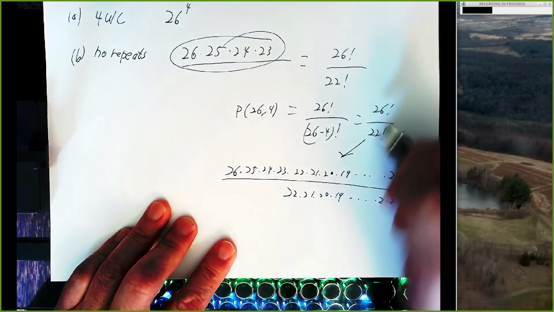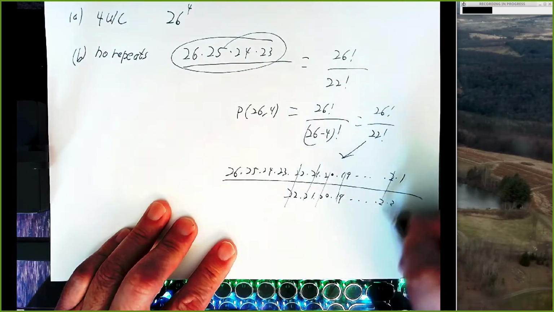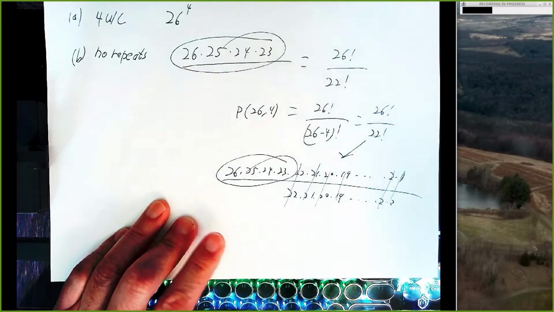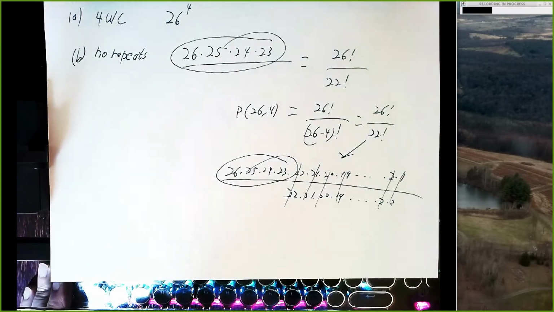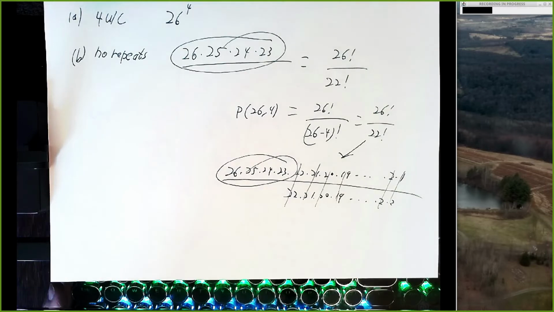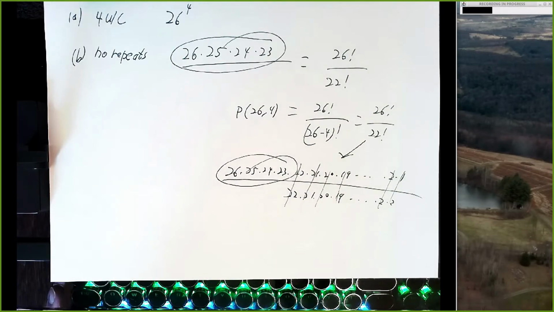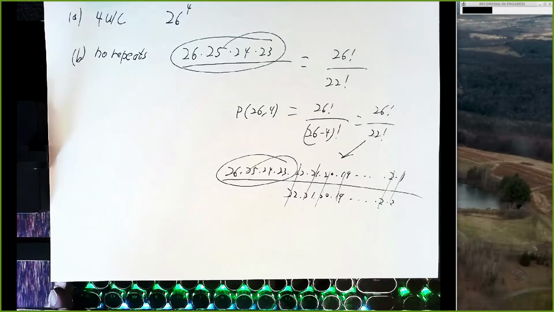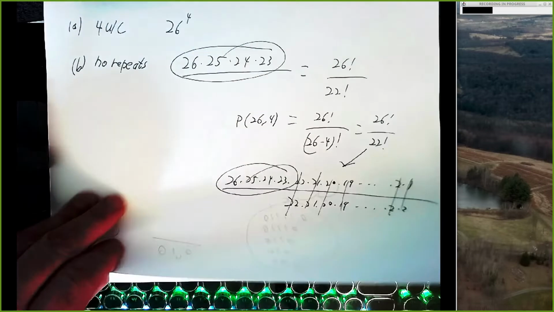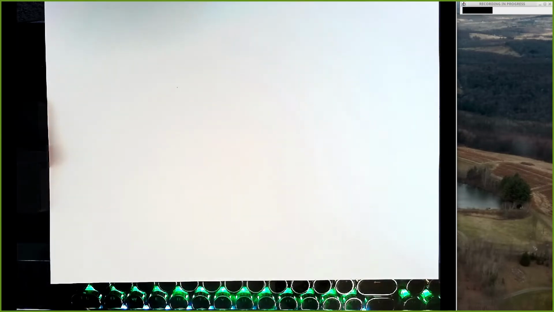And so when you do this division, all of these things cancel, and you're left with just that part. Make sense? Yeah, I got this all wrong. Okay. Better now than Wednesday, though.